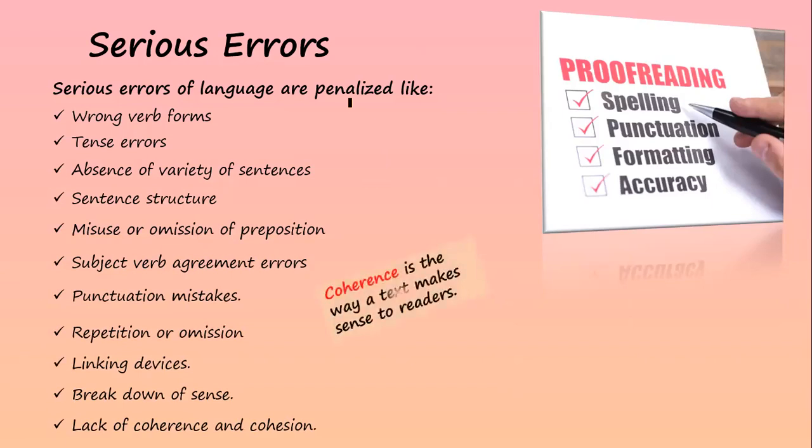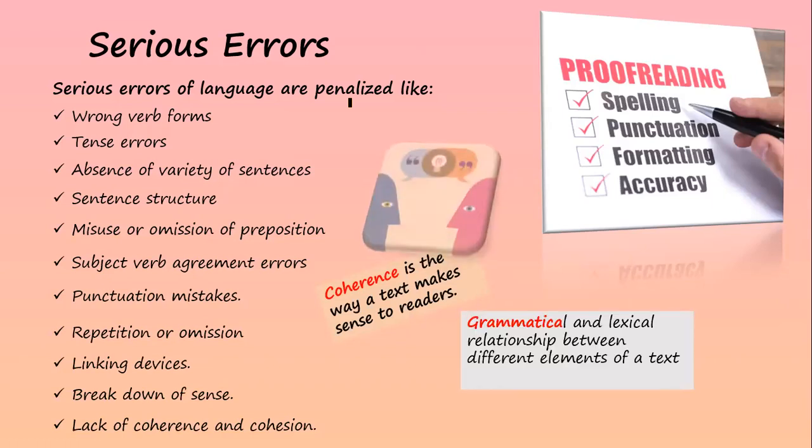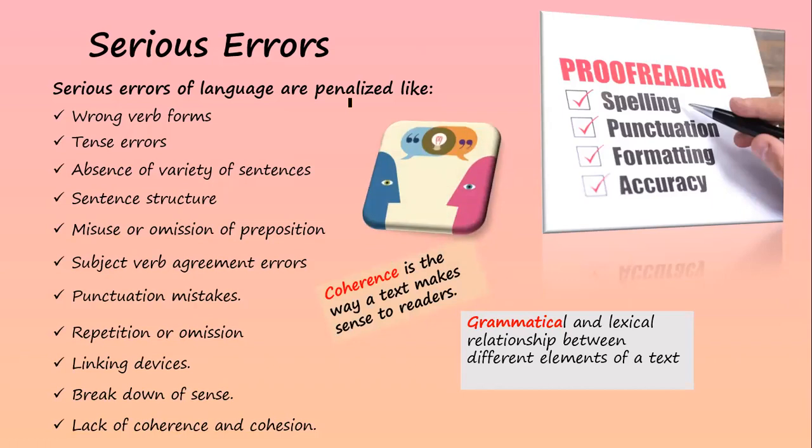And what is coherence? Coherence is actually the way your text makes sense to readers. What is the information taken by your reader, and in which way? That is called coherence. It's a simple definition. And the grammatical and lexical relationship between different elements is called cohesion.